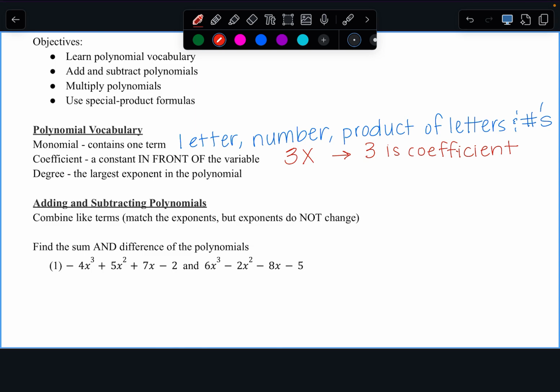The degree of a polynomial is the largest exponent in that polynomial. So if I have 2x to the third minus 5x to the fourth plus 9x minus 7. What is our largest exponent? 4 would be our degree, because that's the biggest exponent up there.